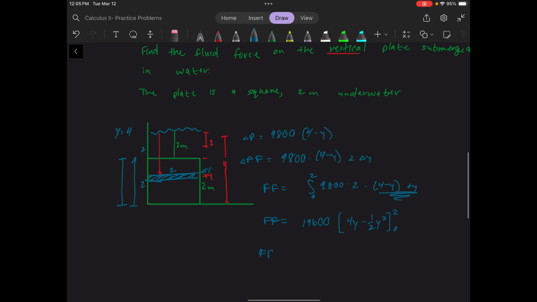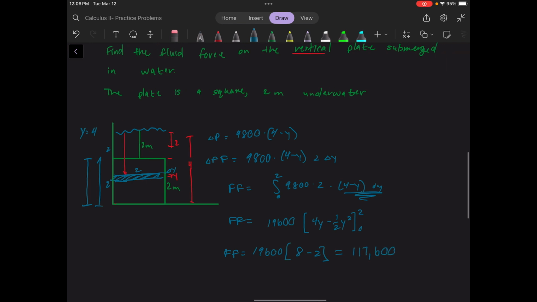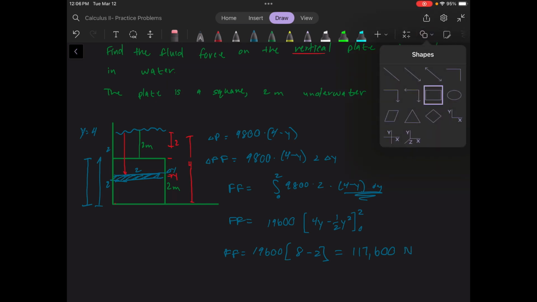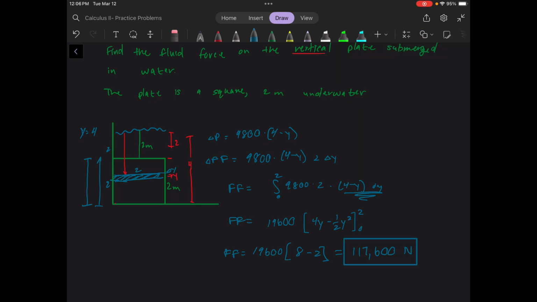So the fluid force is 19,600 times 8 minus, when we plug in 2 into this function right here, 2 squared divided by 2, so just 2. So 19,600 times 6 is equal to 117,600. Since we're in the metric system, the units on fluid force are just newtons. So this one was not too bad because the width function was not variable.